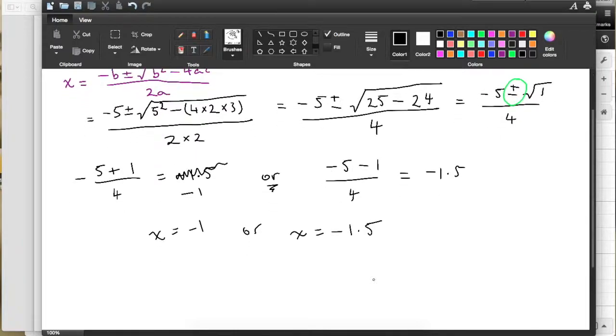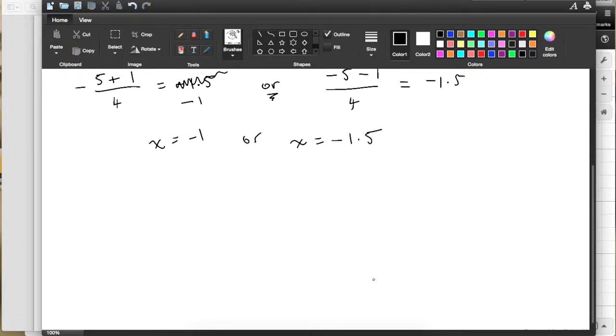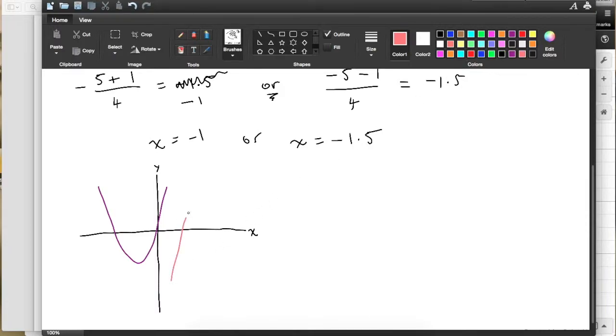Why do we have two answers for x? Remember what a quadratic equation looks like. Even if you don't know how to graph these yet, keep in mind what we're actually trying to find here. We have a parabola. Now, I don't really know what this looks like yet, and I don't necessarily need to know, but a parabola could look like this, or it could look like this.